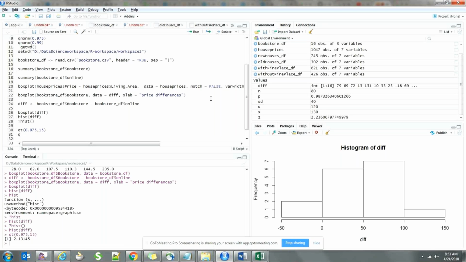So one side test, right? One tail test. 975, isn't it? Yeah.